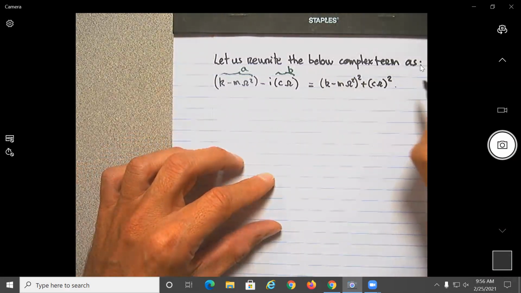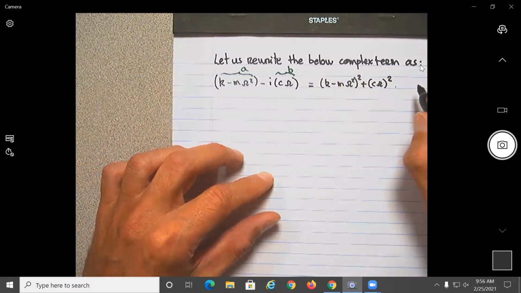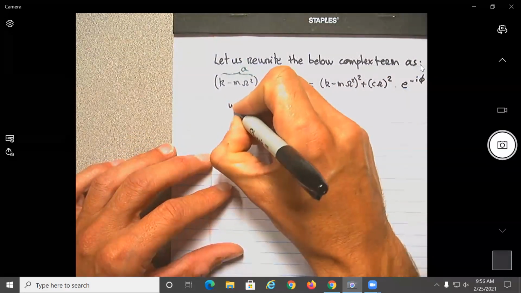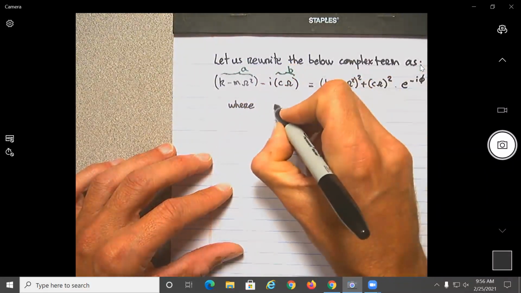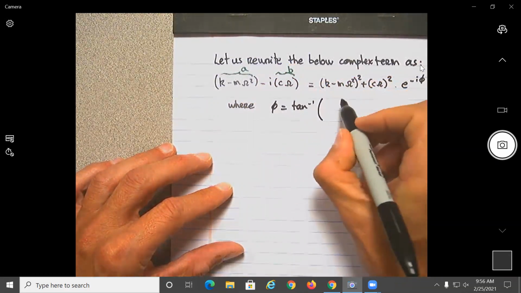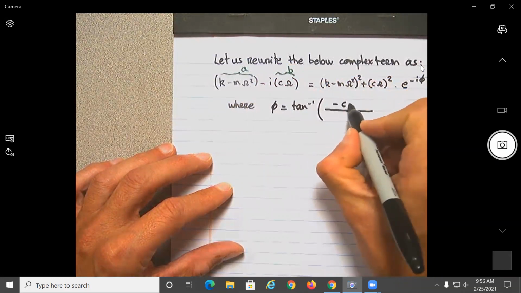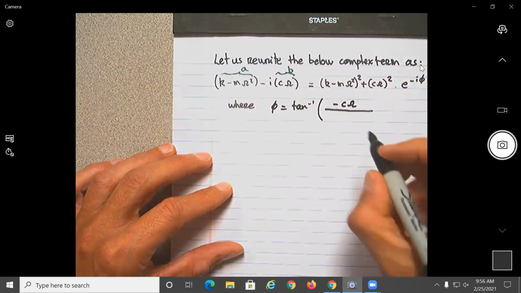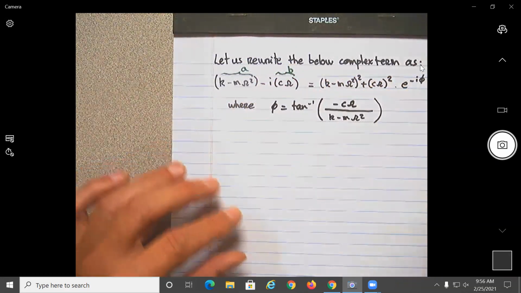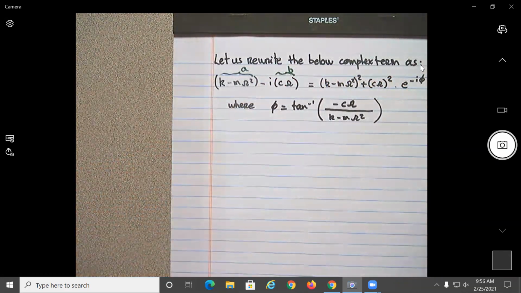Okay, and now this will be times, I will put it later, the e to the minus i phi, where phi will be the inverse tangent of B, which is minus C omega, divided by A, which is K minus M omega square.